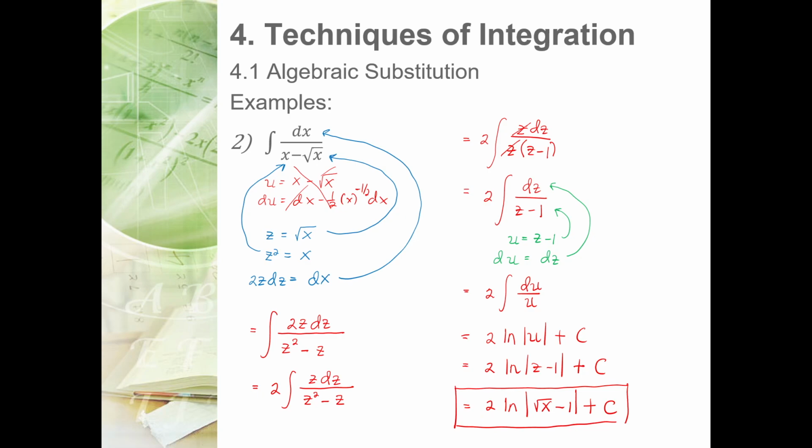So I think if you're going to ask me what's the difference between u sub and your algebraic sub, the aim of your u sub is for you to be able to reach the basic integrals or the basic formulas for your integrals. On the other hand, the aim of your algebraic substitution is for you to simplify first the given integrand.